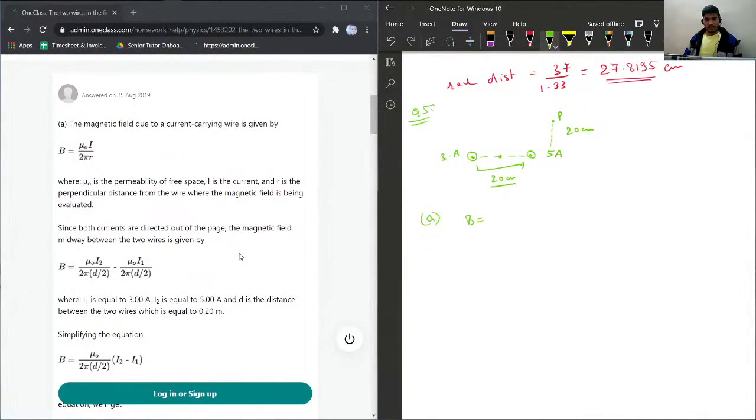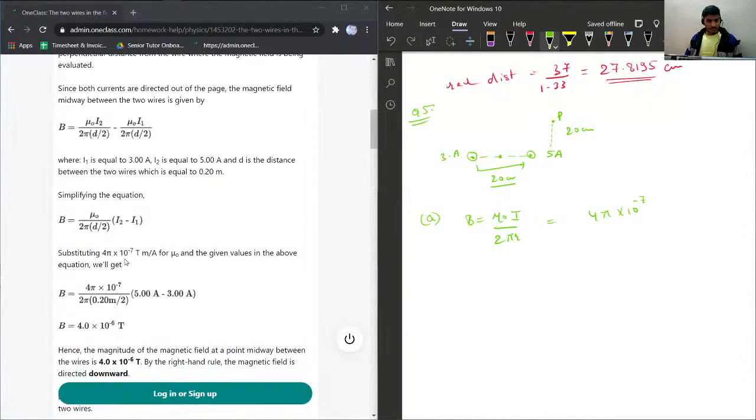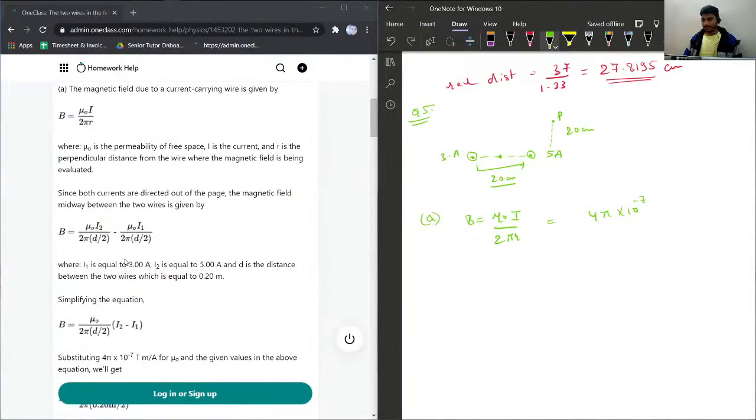B is the magnetic field, which is mu naught I over 2 pi r, where I is the current and mu naught is the permeability of free space, which is 4 pi into 10 power minus 7. Let me cross check this value. Yes, 10 power minus 7, and this is 2 pi.